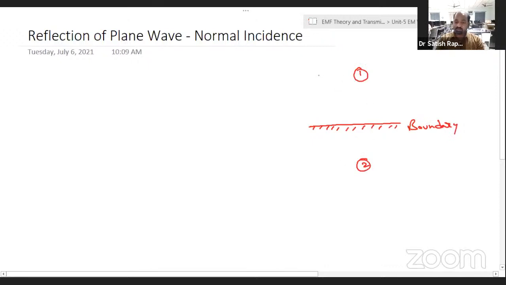When an EM wave travels and is incident on the boundary, in general part of the wave transmits and part of the wave reflects back. This is called the incident wave, this is called the reflected wave, and this is called the transmitted wave.